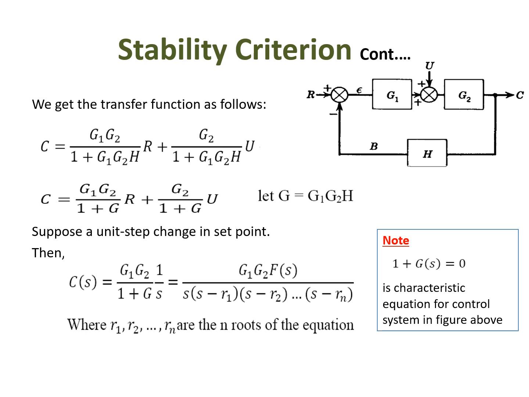First of all, we get the transfer function as follows. For C with respect to set point change, and C with respect to U, we will get these standard transfer functions that we have seen before, and we have all gone through this before.